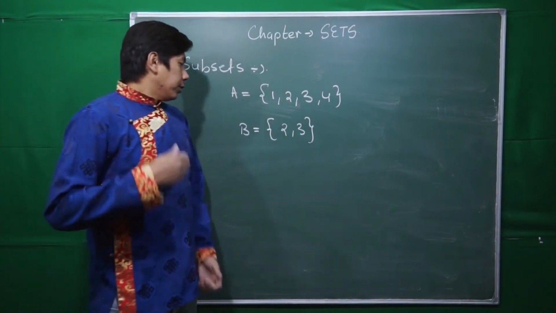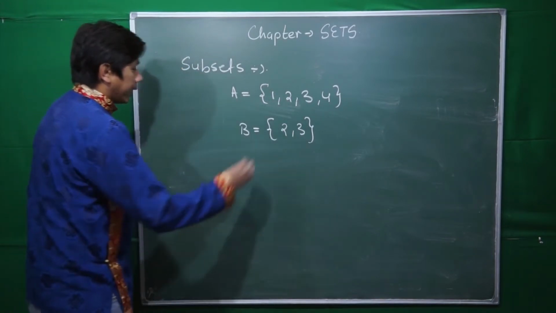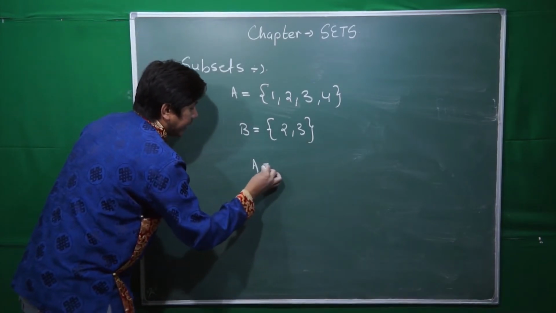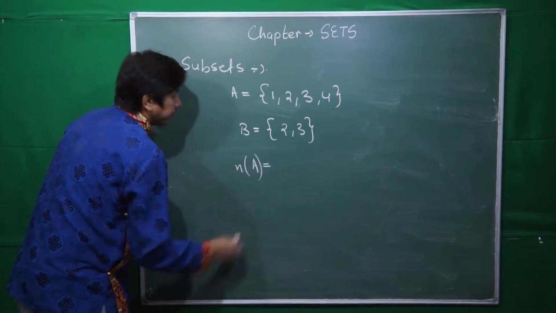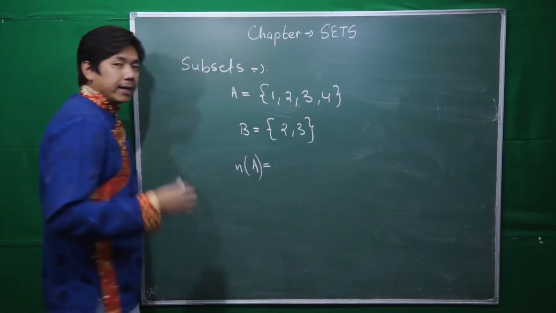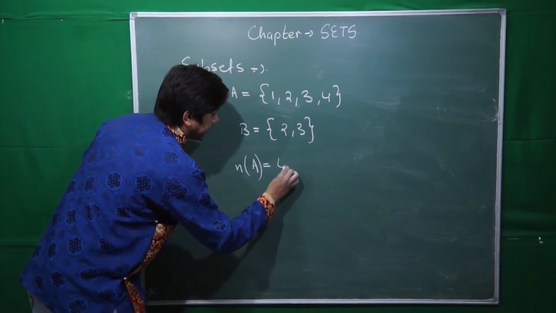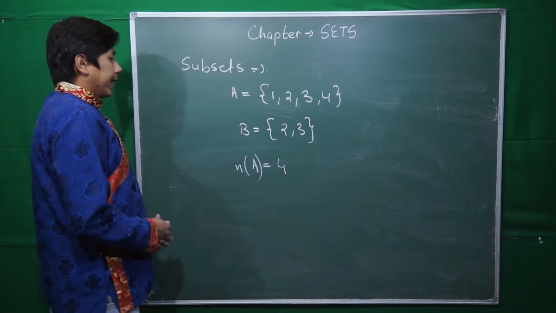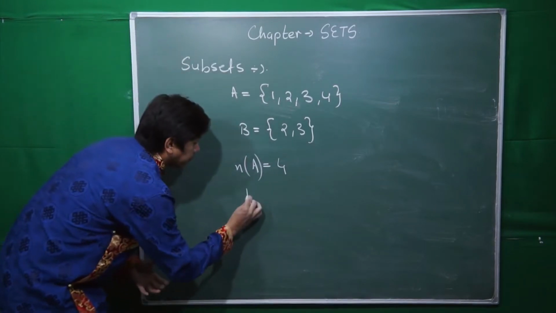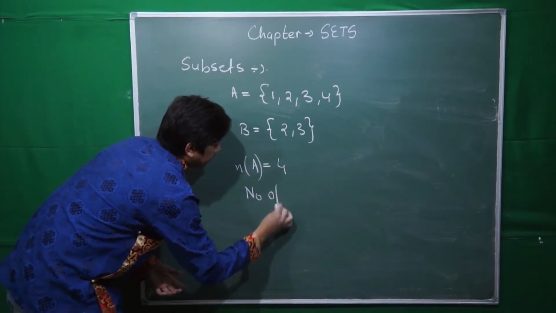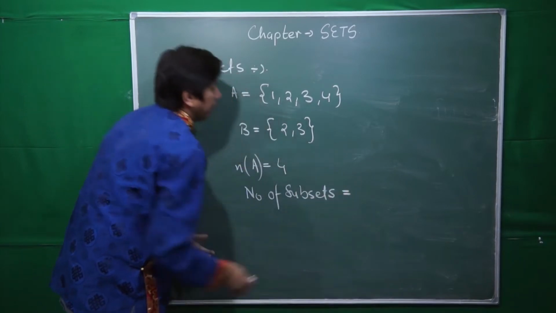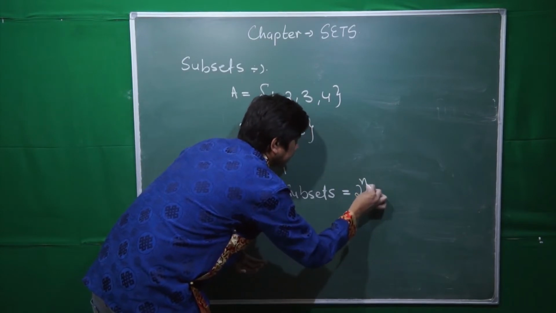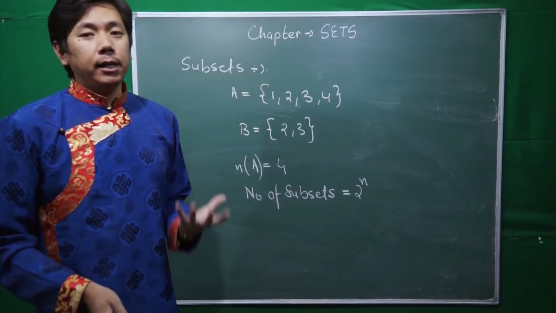Now to understand this, we need to know cardinal numbers. We already did that. So in set A, the cardinal number is how much? It is 1, 2, 3, 4. It has 4 elements. Therefore, the cardinal number of set A is 4. Clear? Now, since the cardinal number of set A is 4, the number of subsets that it can have would be equal to, this is a formula which states, the number of subsets any set can have is 2 raised to the power of the cardinal number.